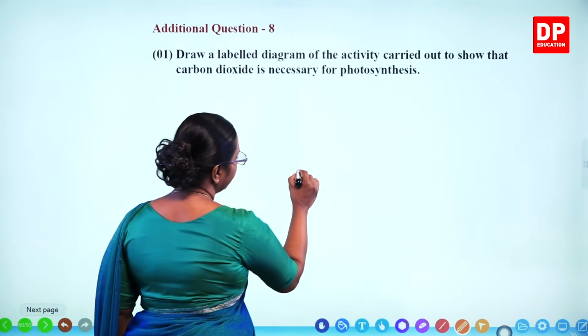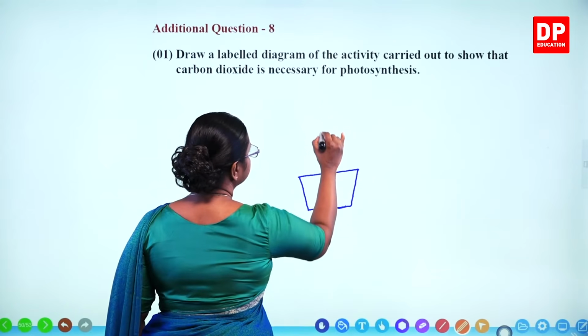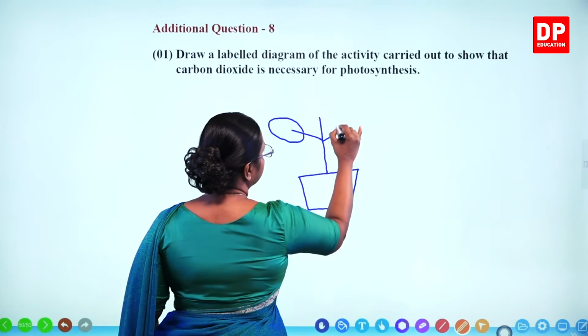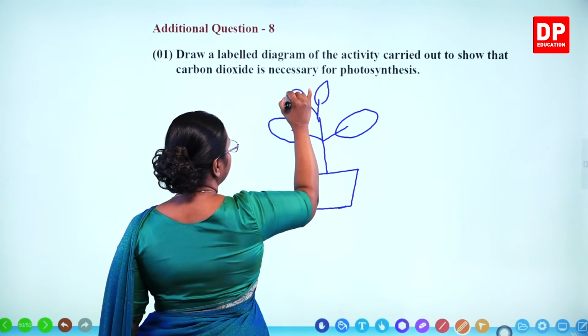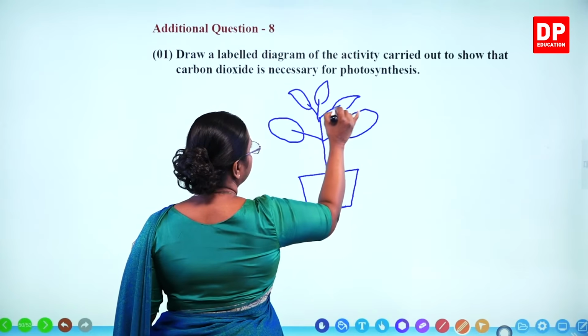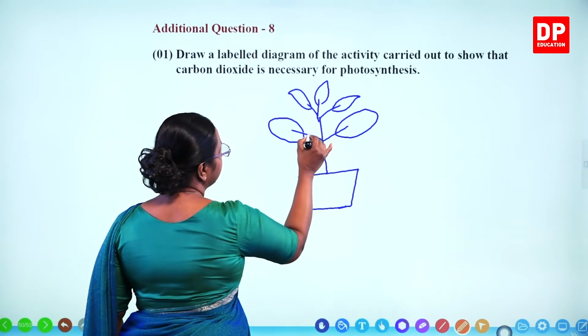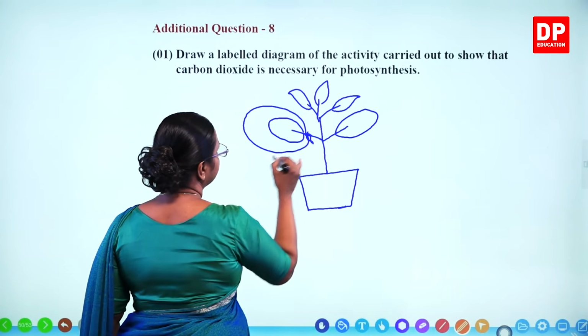So here you will have to draw a potted plant with 2 similar leaves. Maybe this also has more leaves. You don't have to remove the rest of the leaves. And around this we tie a bag.